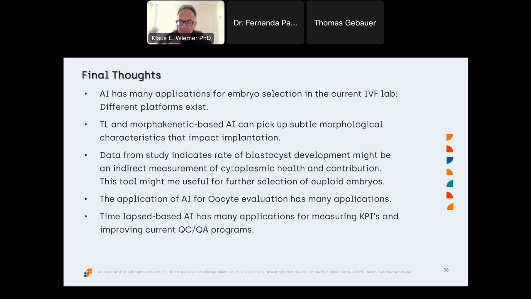We always had an idea that they would impact implantation, but now we can actually quantify the effect of certain morphokinetic events. And the data indicates that the rate of blastocyst development might be an indirect measurement of cytoplasmic health and contributions. And I think this is a tool that might be useful for further selection of euploid embryos.